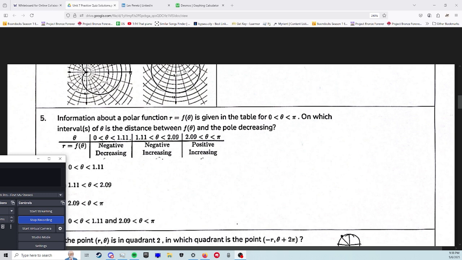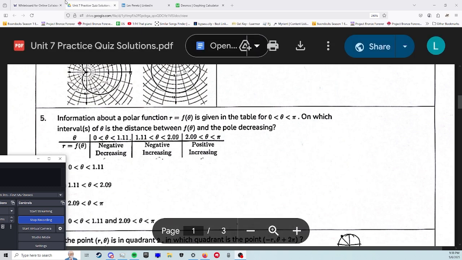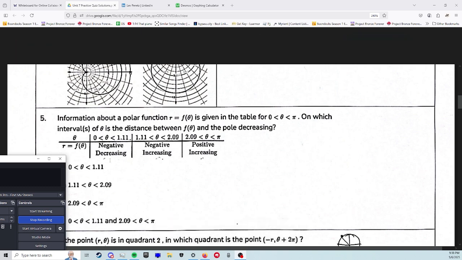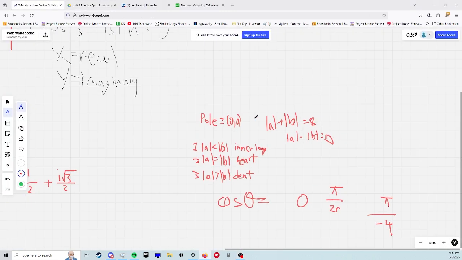Right now the difference between the function and the origin means that you're taking the absolute value on whether it's getting larger. So if it's going from 0 to negative 1.11, or it's negative decreasing, that still means it's getting further away from the pole. But if it's negative, here, I'll write this down.